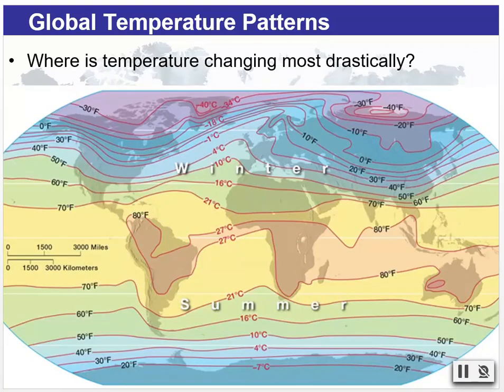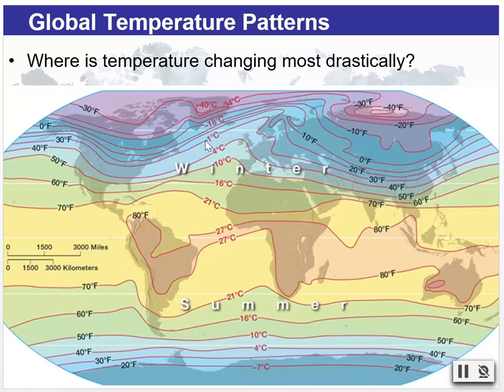I am zooming in to one of the maps that was displayed previously so that we can get a better look at how temperature changes from places that are located close to an ocean or near a large body of water versus inland areas.